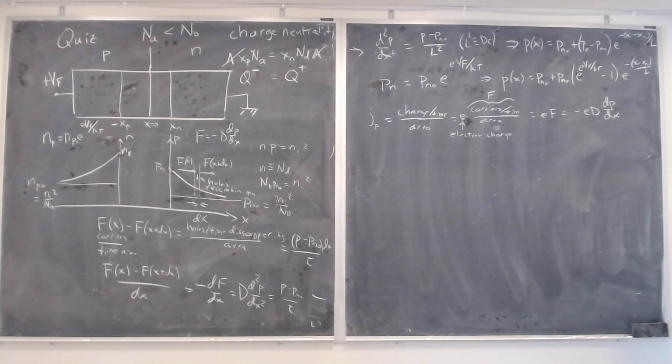So we can get J directly from P by taking its first derivative.